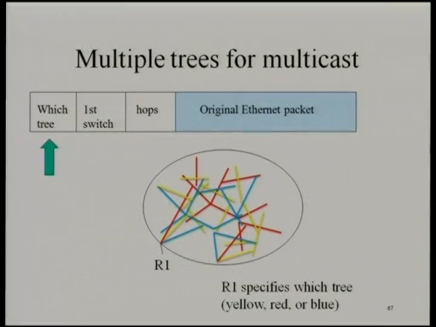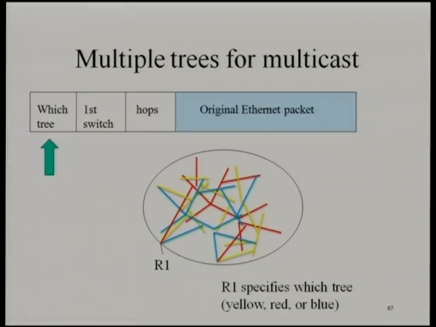Another little thing is, for some reason, people wanted to multipath everything, including multicast. So as part of the link state routing protocol, there's enough information to calculate one or more trees. So the idea is you calculate several trees, and if you look at the Trill header, last switch doesn't make any sense on a multi-destination frame.